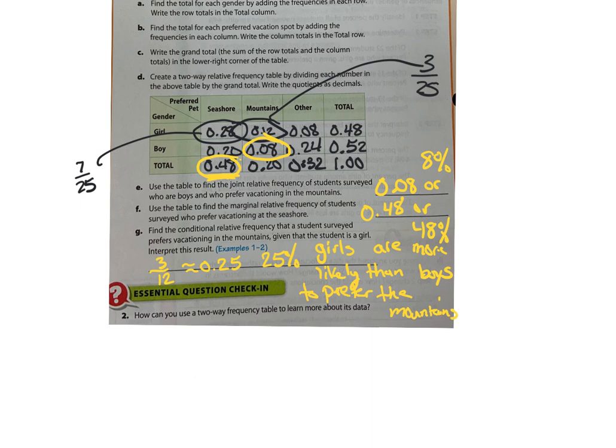And the last question says, how can you use the two-way frequency table to learn more about this data?